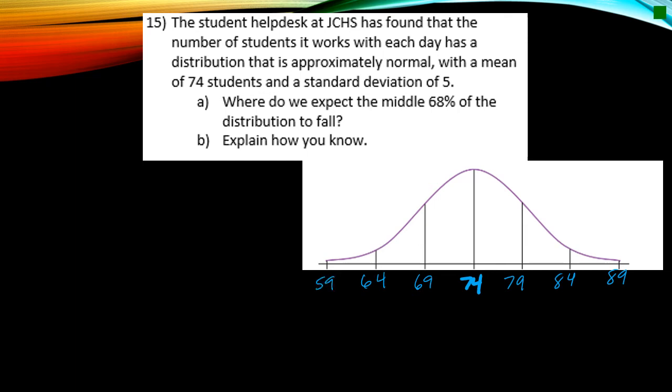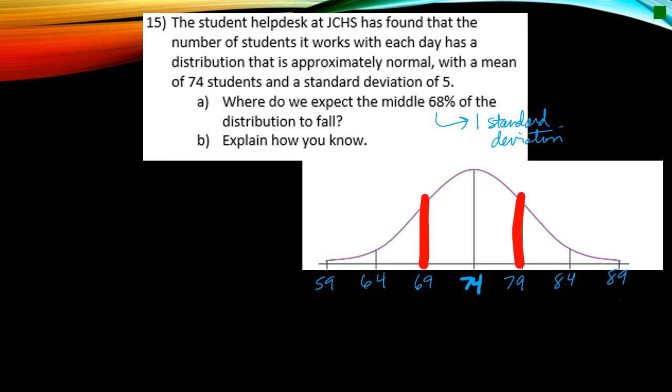Okay, so 68%, if you remember, is equivalent to saying within 1 standard deviation of the mean, and that is the empirical rule. So I'm looking from here to here. That's my 68%.